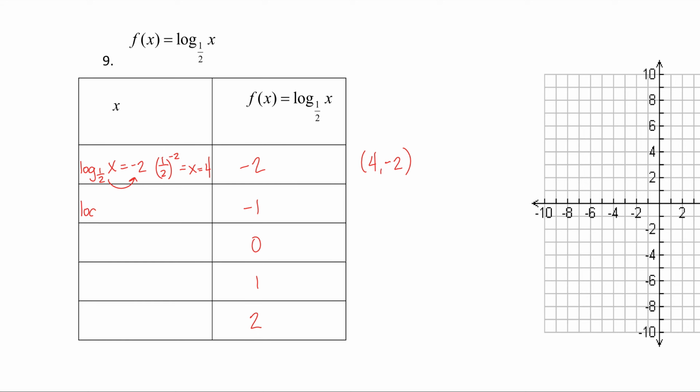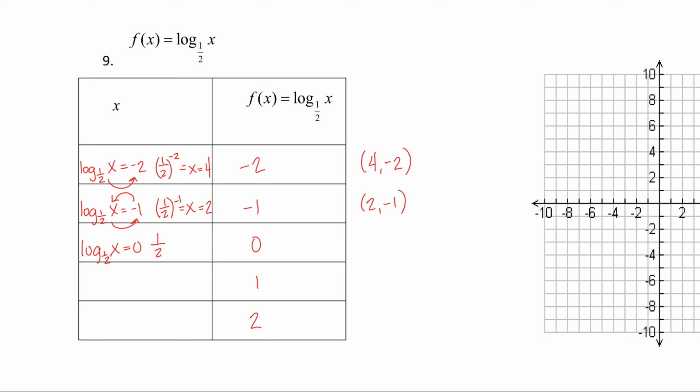Now we have log base 1/2 of x equals -1. So 1/2 raised to the power of -1 equals x. The negative flips the fraction to make it a 2, and the 1 doesn't do anything to it, so it's just a 2. So it's an answer of 2, -1. Again, log base 1/2 of x equals 0.